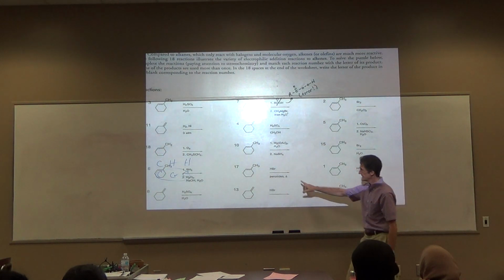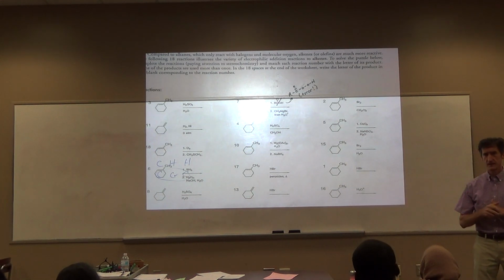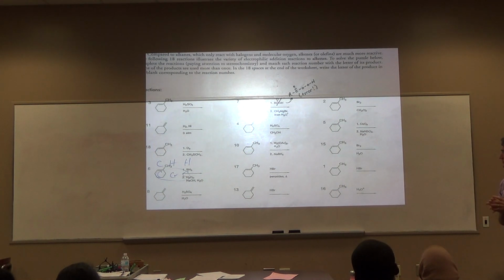Yes. Some of you figured that out. Some of you asked me about it. If you include peroxides, it becomes a radical reaction and it reverses the regiochemistry. I did not cover that. We'll cover that here at the very end of the course when we do more radical reactions.